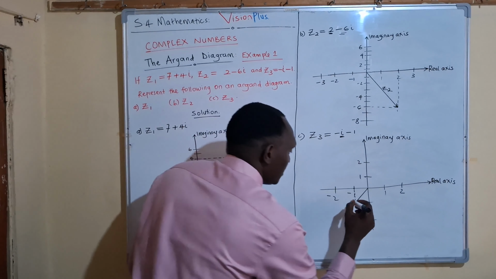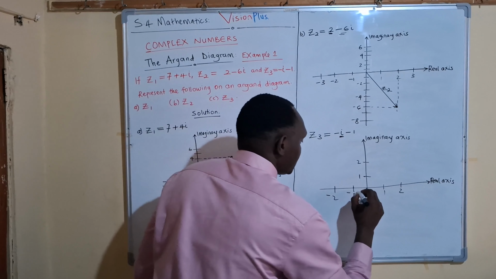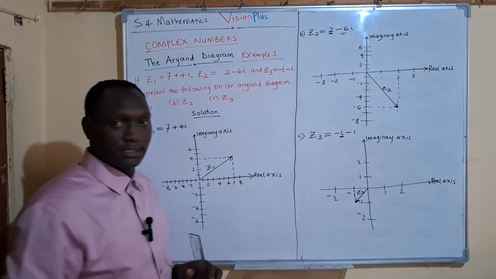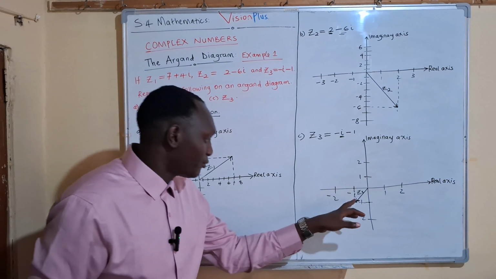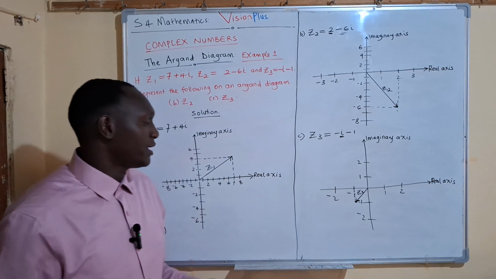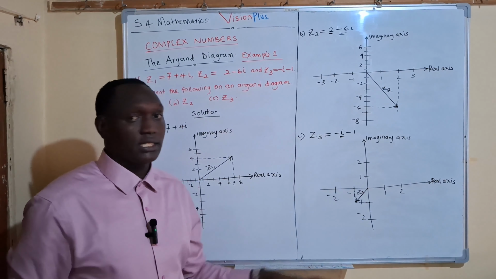After drawing that, you put an arrow at the top, and then you say this is Z3. I'm putting the arrow on top of the complex number. You find some of you are putting the arrow to point at the center.